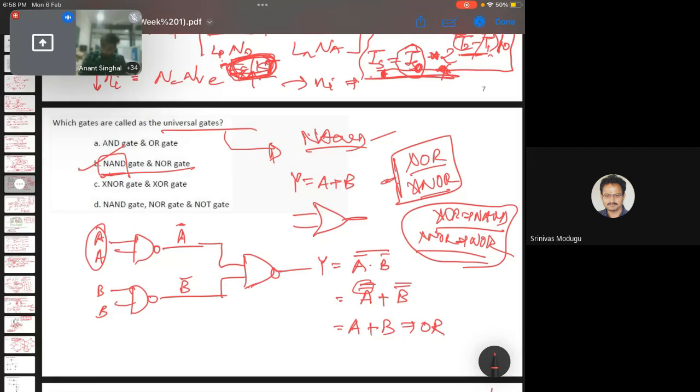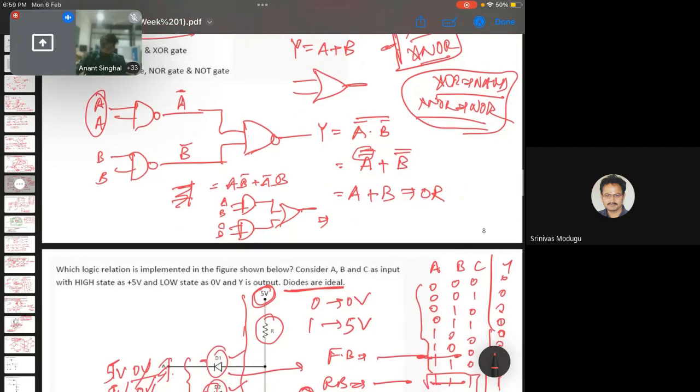Okay, for this maybe I can give you a hint. XOR is nothing but A B bar plus A bar B. You might be aware of it. So let's have a discussion on this.